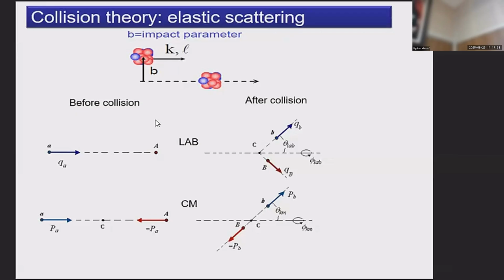Okay, very careful. Therefore, in theory, we transform this lab system to the center of mass system. What we do is we find the center of mass of the system, then move it so that this moves on the opposite side, and this also moves like this, with equal and opposite momenta.